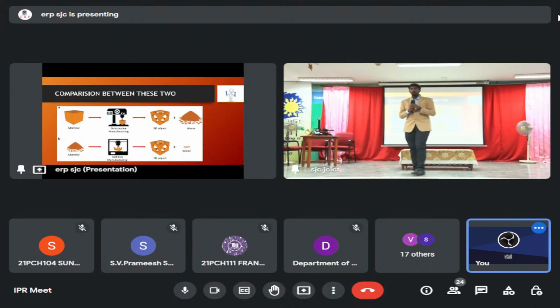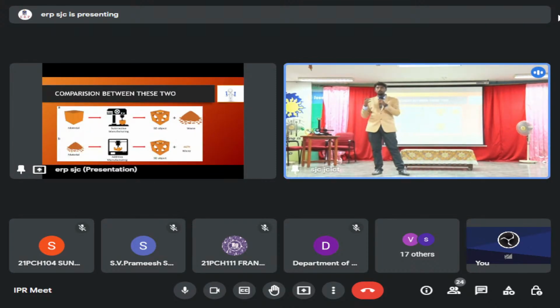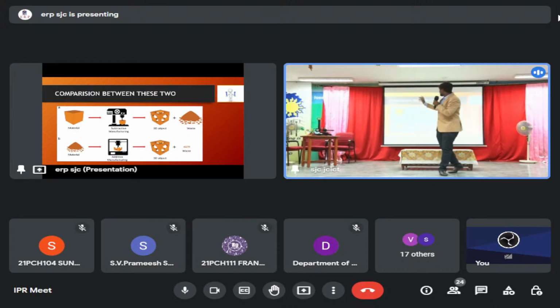Okay, now we have seen a comparison between subtractive manufacturing and additive manufacturing. In subtractive manufacturing, I take a material, use some machinery, and remove the unwanted material from it, and I get a desired object along with lots of waste.